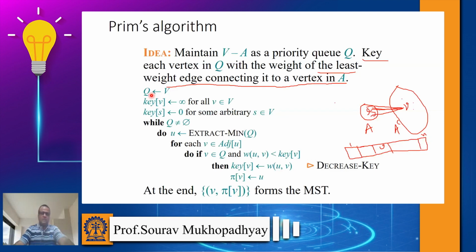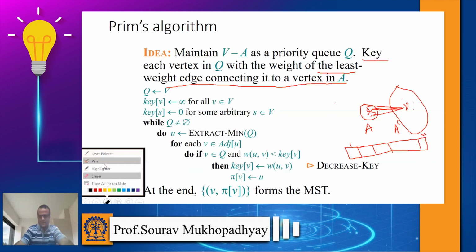Okay. Let us put every vertex in the queue. Just for the timing, you can think of it as an array. We haven't started yet, so we have no idea about the key values, the minimum edges, anything. So we initialize all of them to infinity, because we haven't started yet.